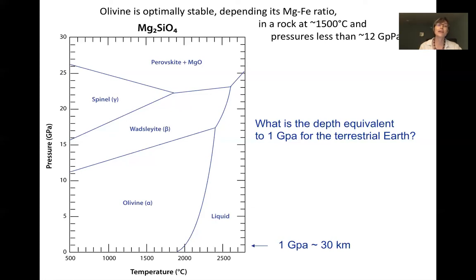However, perovskite requires only 1 magnesium, 1 silicon, and 3 oxygens, leaving us with extra magnesium and oxygen. And that will form the mineral periclase, magnesium oxide.